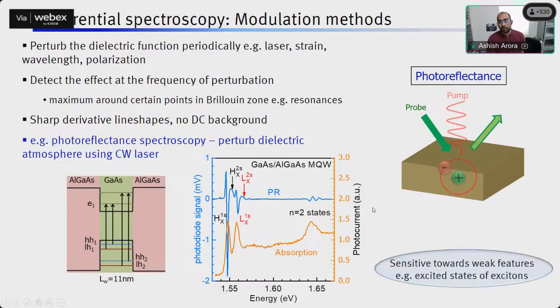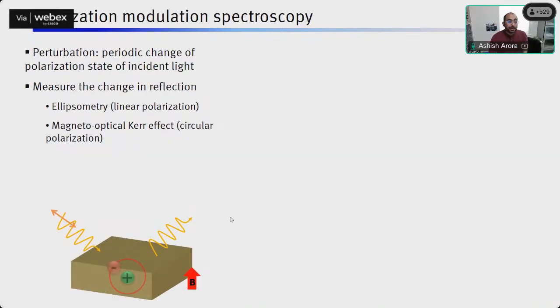Therefore modulation spectroscopy is sensitive towards weak features, and what we do is polarization modulation spectroscopy, also called magneto-optical Kerr effect spectroscopy. What I mean is, as I told you, in a magnetic field, right and left circular polarizations have different responses. So what if I directly take the difference spectrum between these two responses?